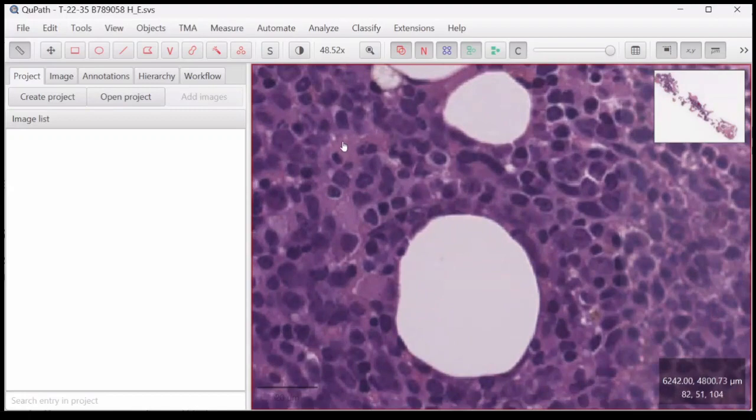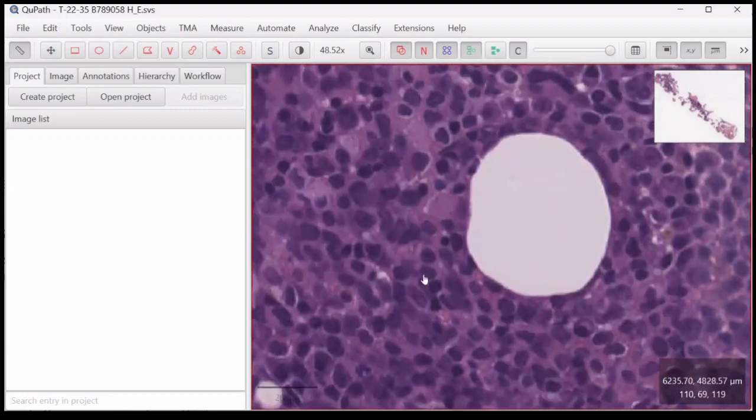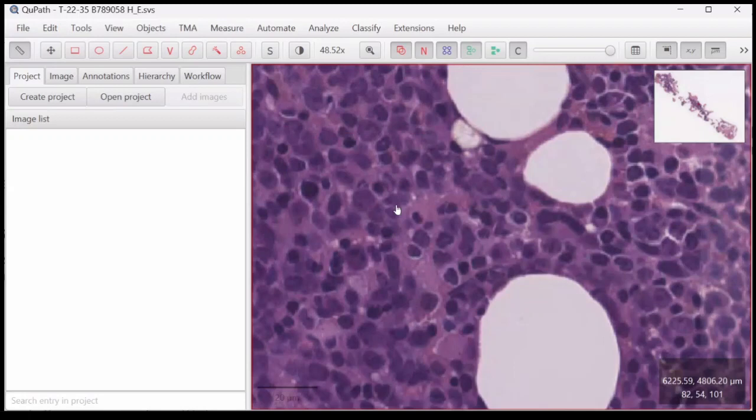If you notice, these cells are not adjacent to the erythroid cells. This just confirms that these blasts do not belong to the erythroid precursors or erythroid colonies. They are separated from those.